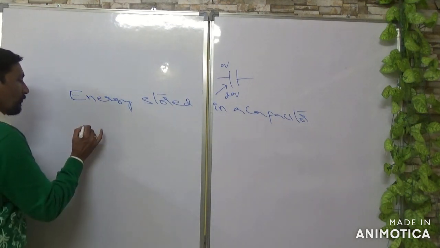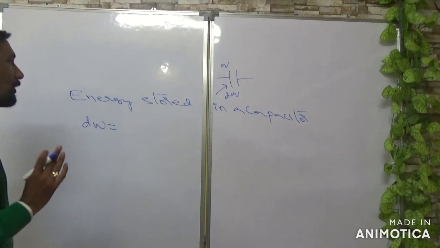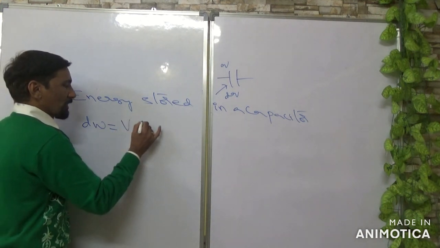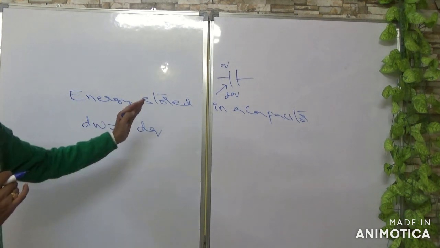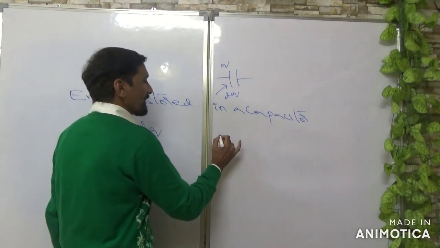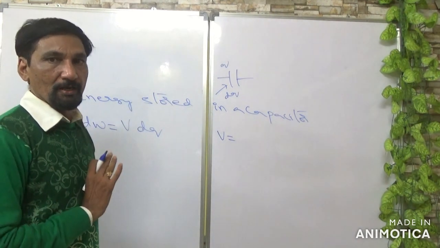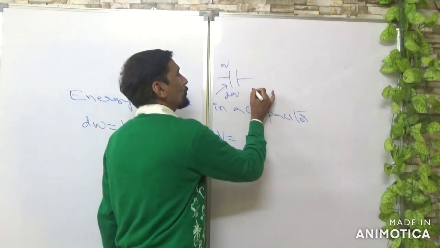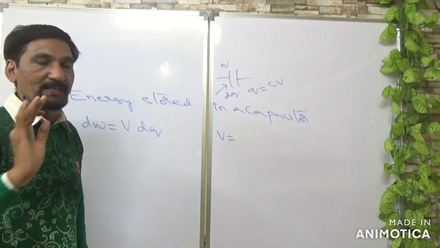So the work done in the process is equal to potential into charge, so dW is equal to V dQ. And the potential, since Q equals CV, V is taken as Q by C.